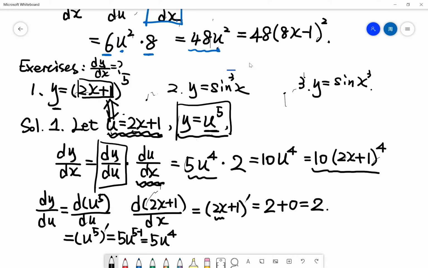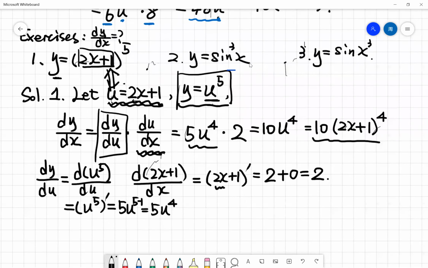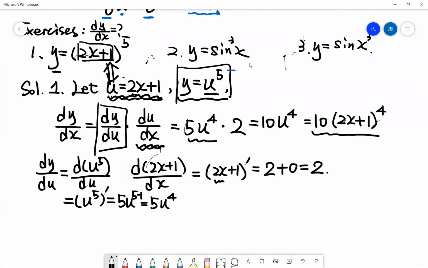Good morning. Good morning. So guys, if you practice more and become very skillful, to find dy by dx, or y prime, for y equals (2x plus 1) to the power 5, you can get the result directly.